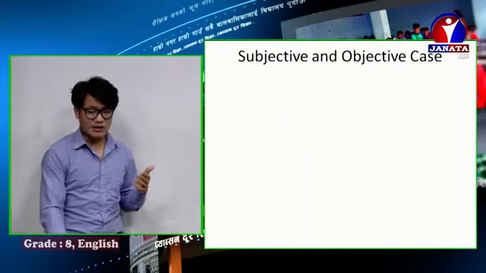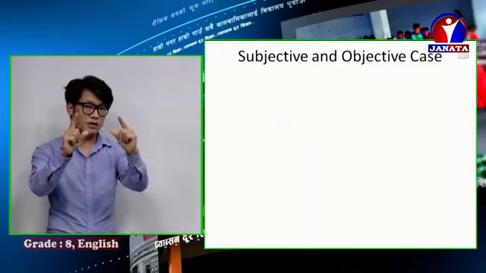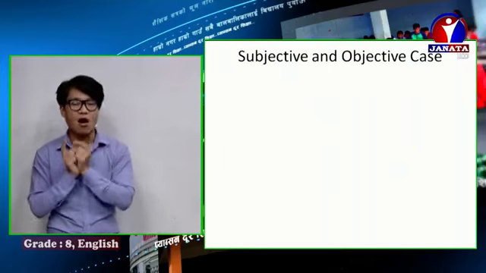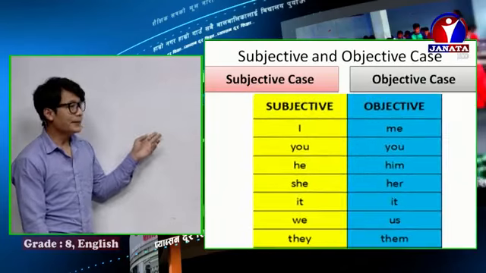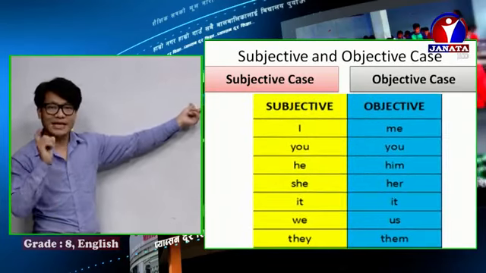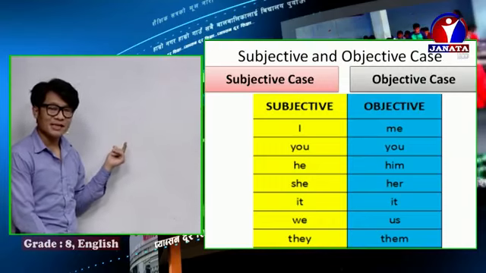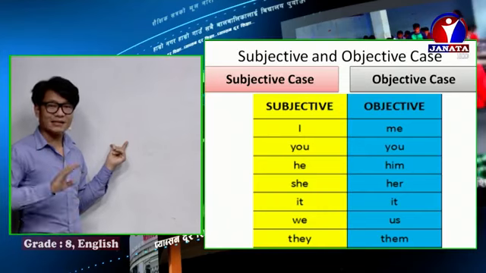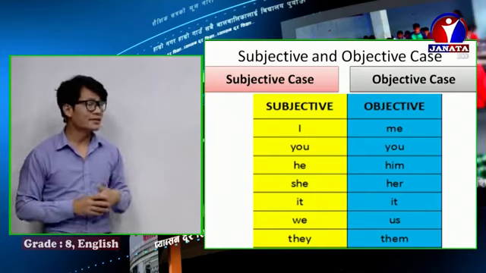Another is subjective and objective case. This is very important to know. Like, let me show you. I, me. If me is there as an object in active voice, then me should come first and stand as a subjective case. So what is the subjective case of me? You can see in the slide.